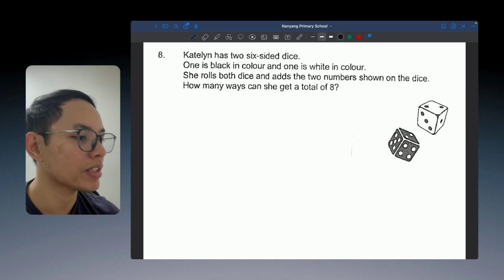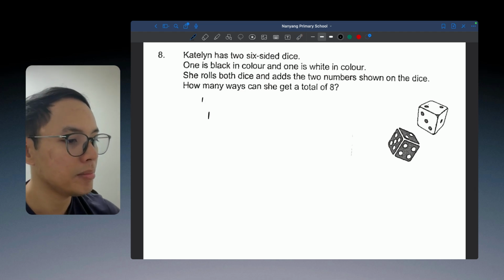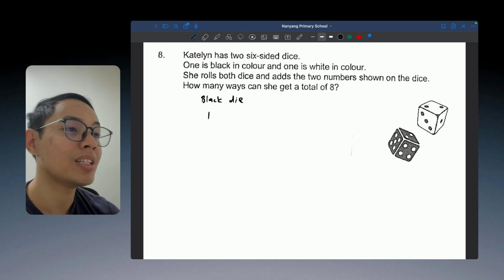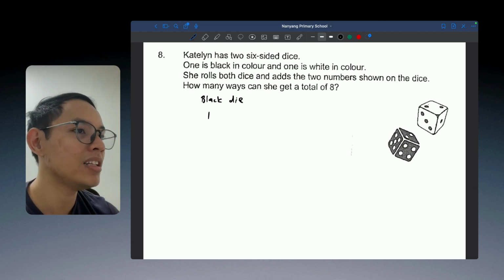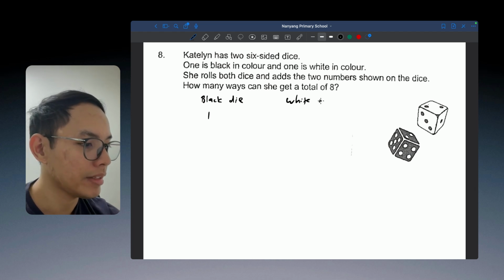So what are the ways? Ways can be, for example, 1 on the black die. Dice is many, one is a die, right? Don't die. And then you put here the white die.